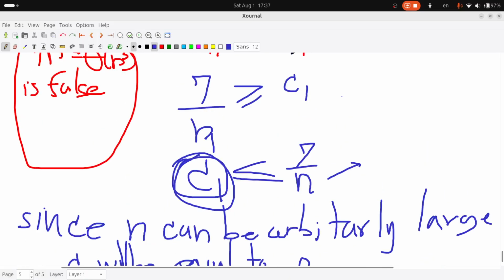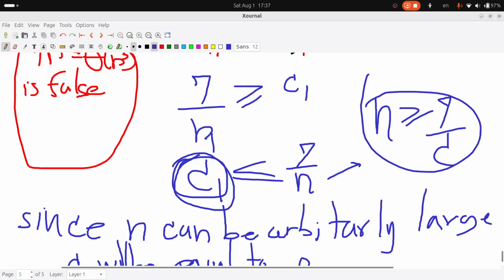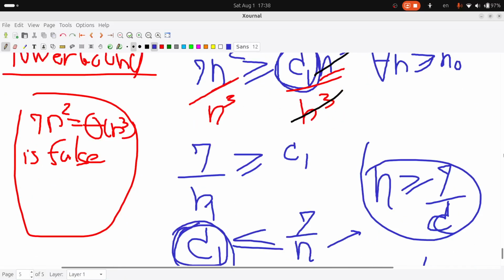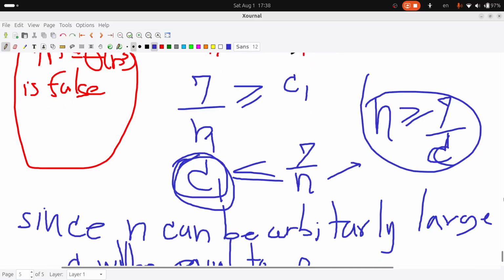Or for the other way around, you can isolate n and say that n is greater than or equal to 7 divided by c, right?